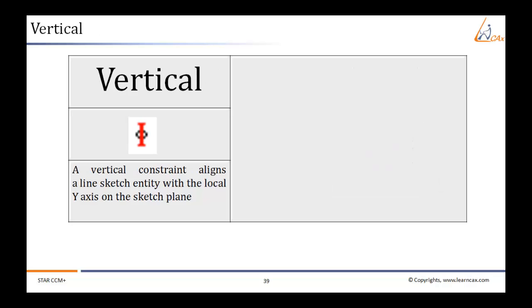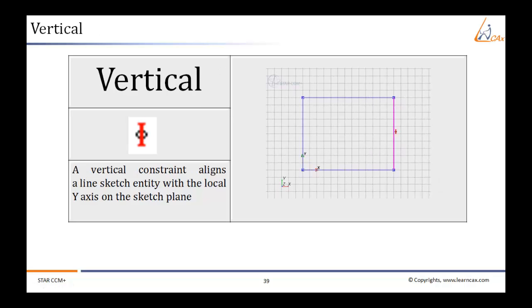The vertical constraint tool works in a similar fashion to the horizontal tool. This tool also aligns the sketch, but with the y-axis. As shown in the figure, the right edge of the rectangle is parallel to or aligned with the vertical axis.